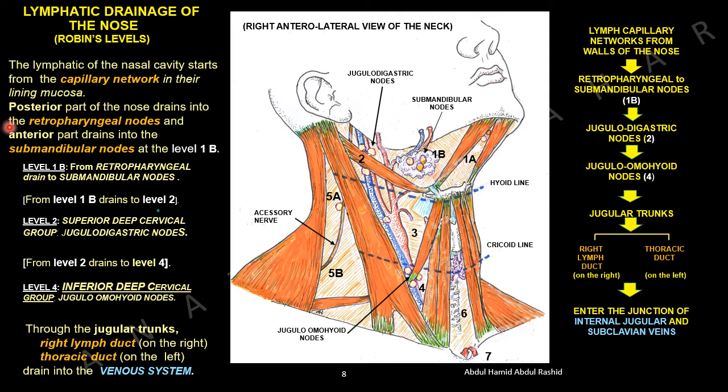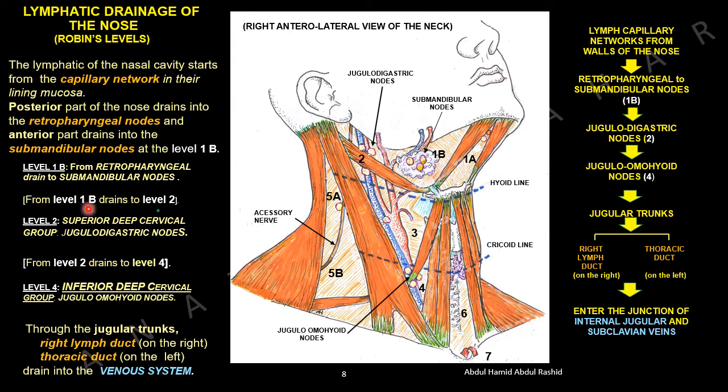The anterior part of the nose drains into the submandibular lymph nodes, which is called Robbins level 1B. This is the one. So level 1B receives lymphatics from the retropharyngeal nodes and finally the submandibular lymph nodes.